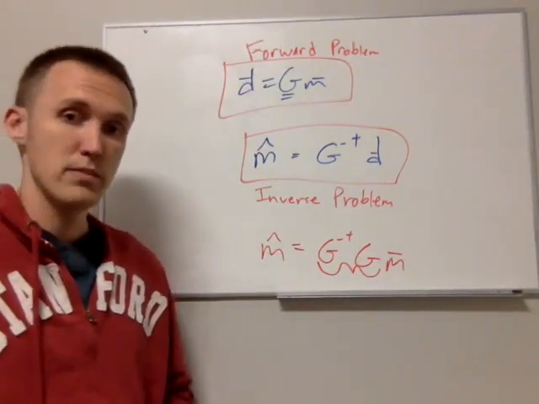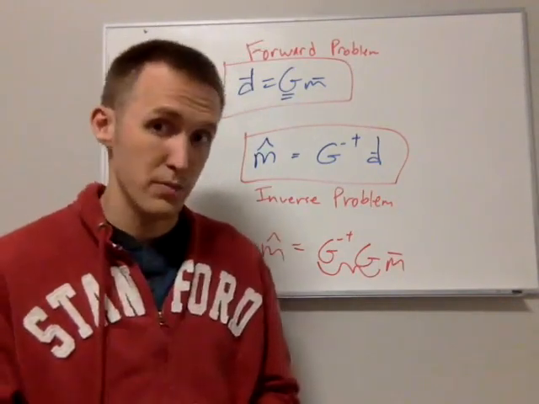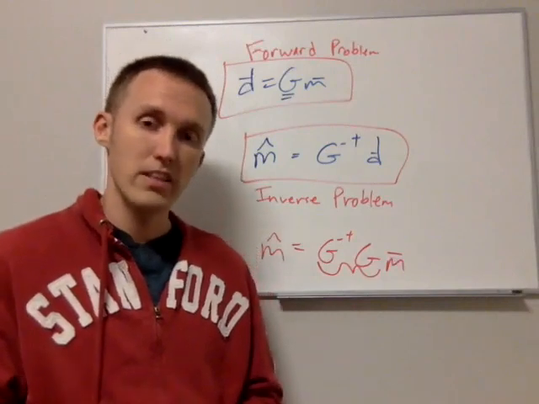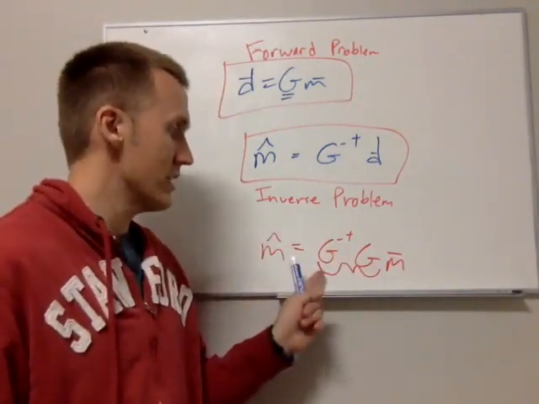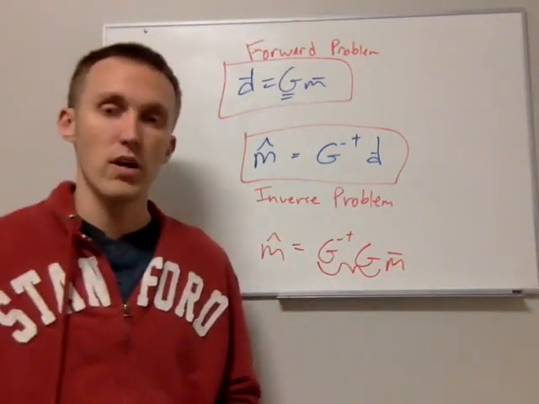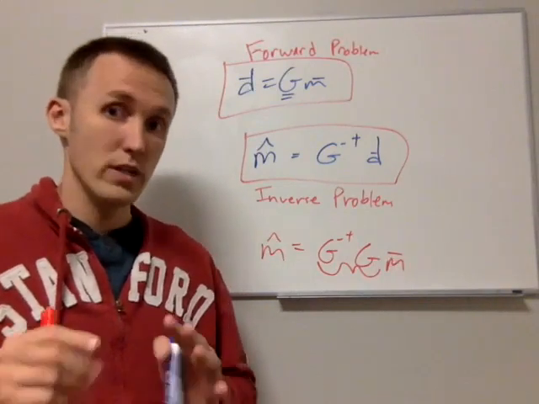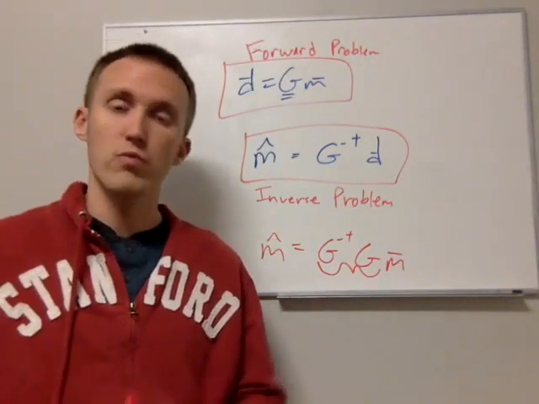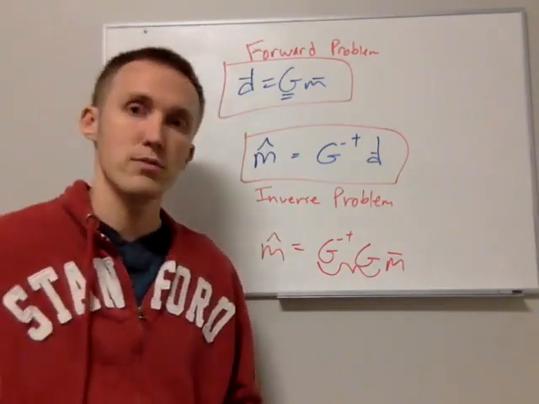But what often happens, because we don't often have very many observations, and our observations are almost always either at the surface or very near the surface, is that this quantity, G inverse G, is often not exactly 1. It's often close to 1, but not exactly. And in fact, resolution is something you may have heard about. Resolution is how things are resolved or not resolved as you go down deep into the subsurface.